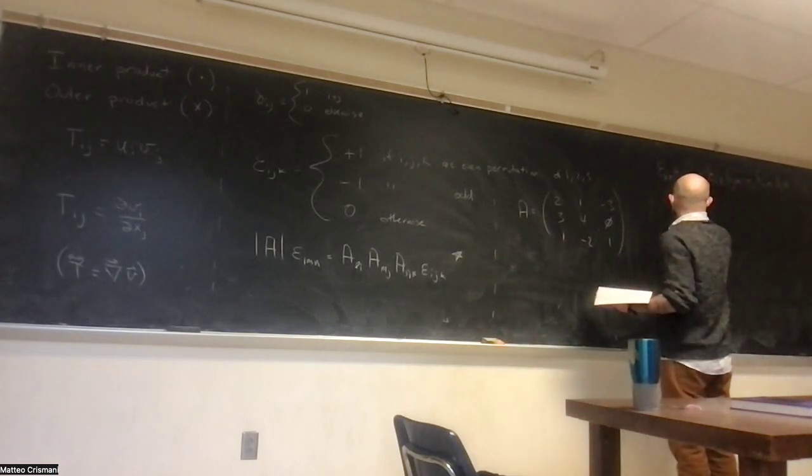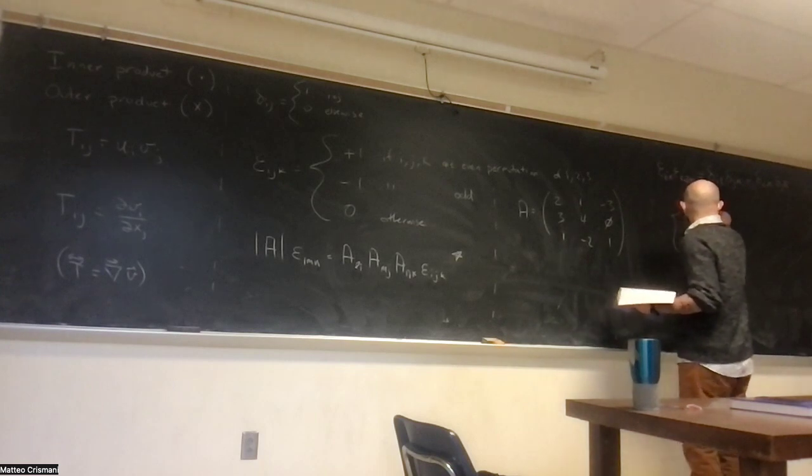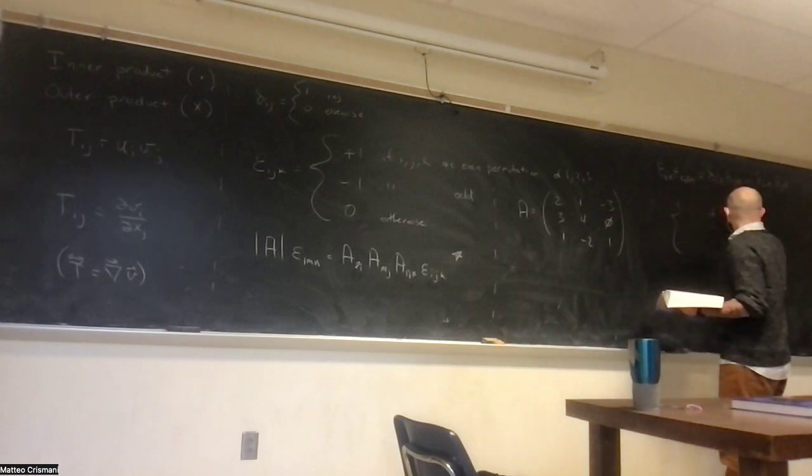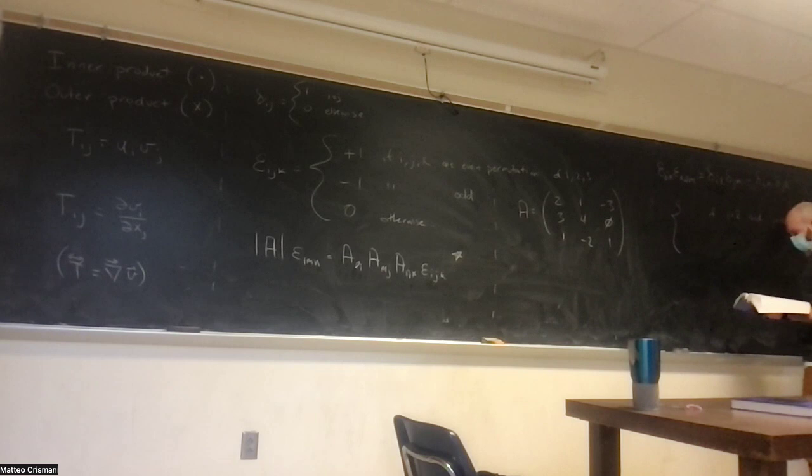I guess if I equals L and J equals M, then it's one. I think that's all you need for it to be one.